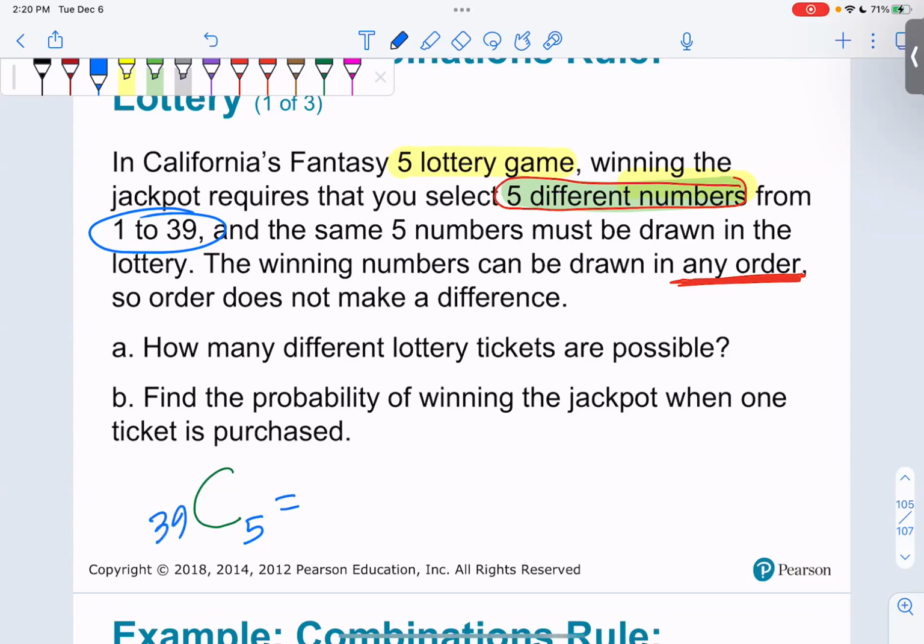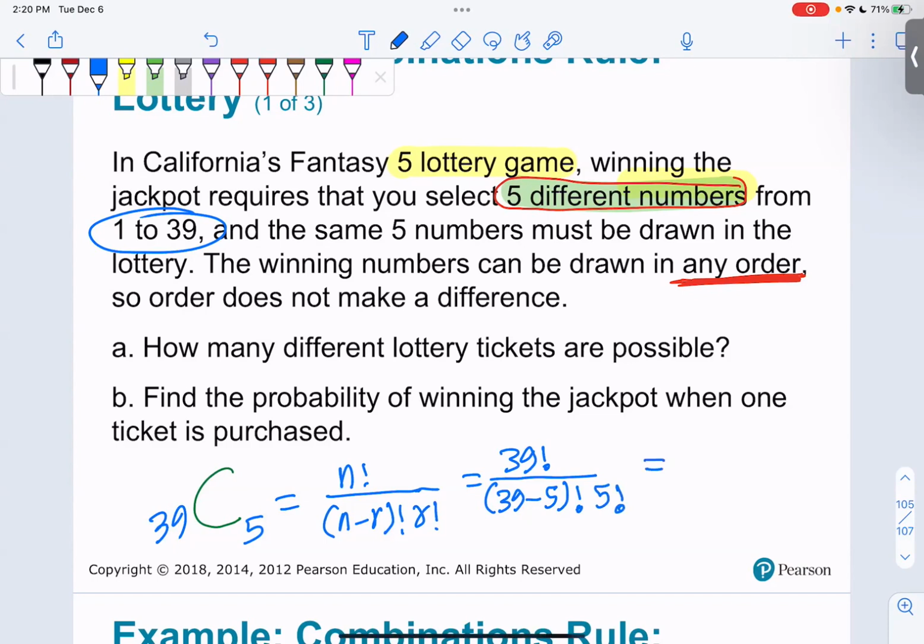So this will be n factorial divided by n minus r factorial times r factorial, which is 39 factorial divided by 39 minus 5 factorial times 5 factorial, right?